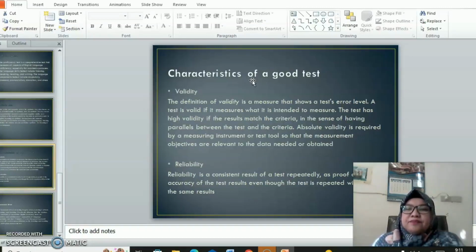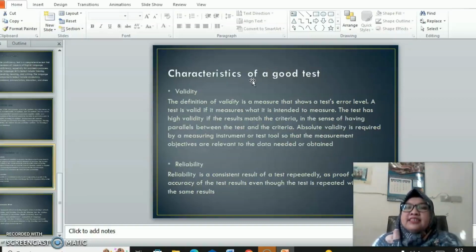There are kinds of validity. Two kinds of validity are such kind of requirements to determine a good test. What are they? Construct validity and content validity.